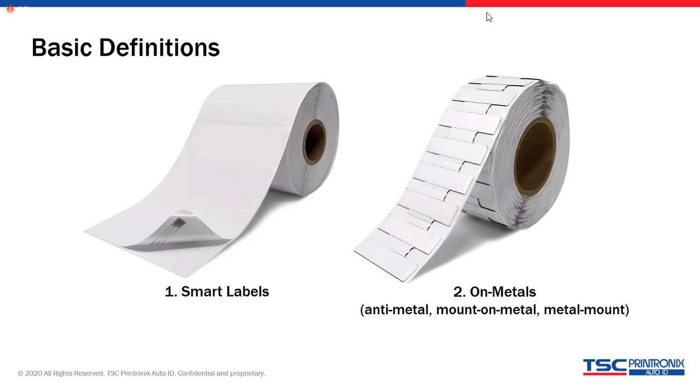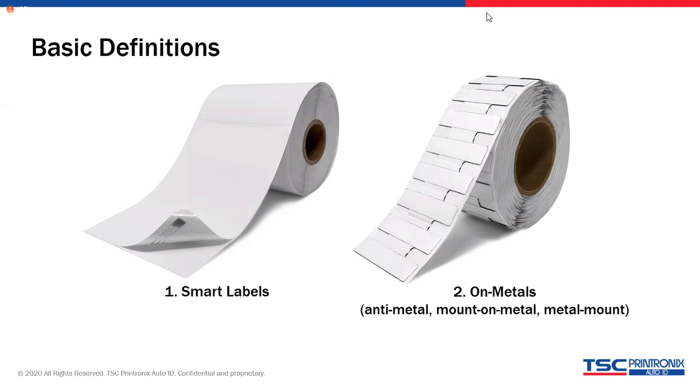That is the RFID portion. And so these get loaded into a printer. They get printed with the barcode information, but at the same time, the RFID portion of the label also gets encoded with RFID information. So that's a basic smart label.